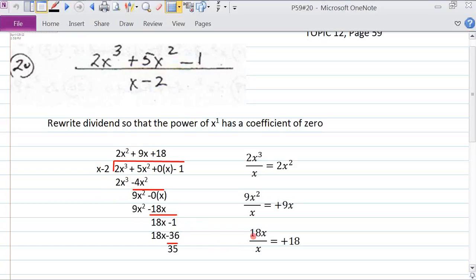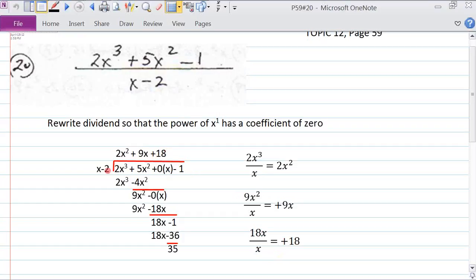And so 18x divided by x gives me 18, and that's now the third number in my quotient. I get 18. Put that 18 up here.